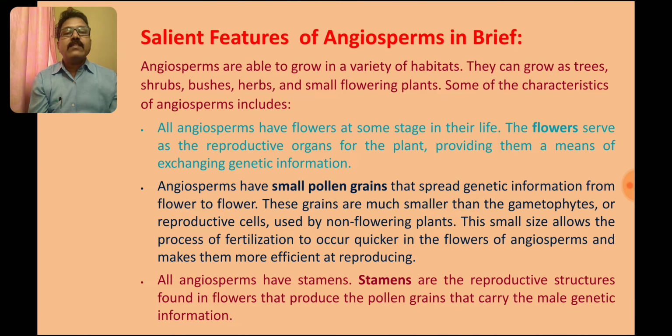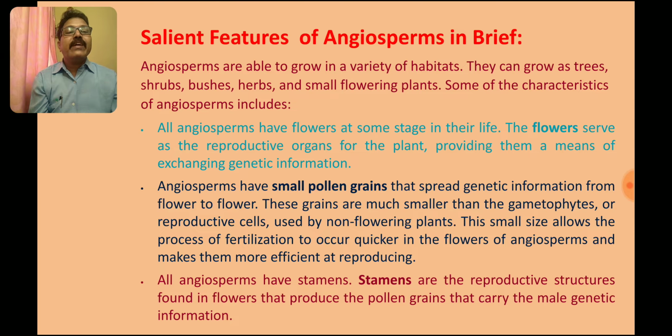Some characteristics of angiosperms include that all angiosperms have flowers at one stage in their life, and the flowers serve as a reproductive organ for the plant, providing them a means of exchanging genetic information.